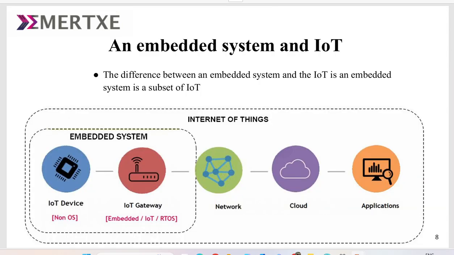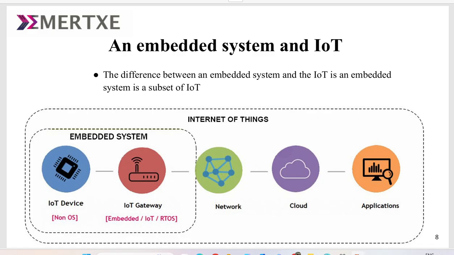Do you know all of you embedded system and IoT? What is the difference between embedded and IoT? Embedded systems can work independently, but when we connect them to the internet, they become part of an IoT system. For example, I can develop an embedded system by using IoT sensors with Arduino Uno.